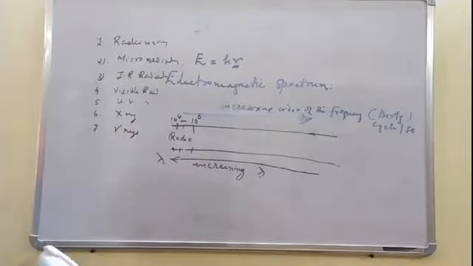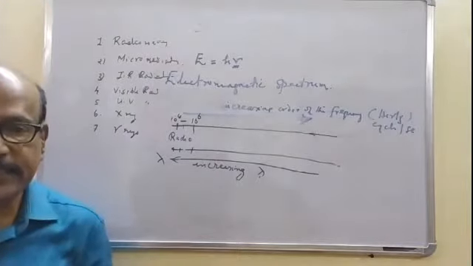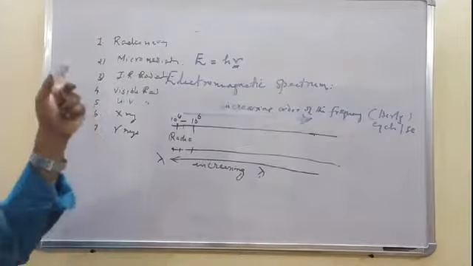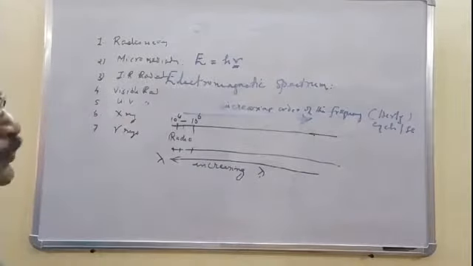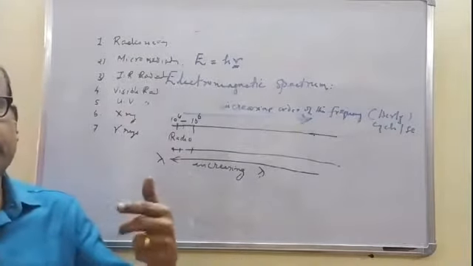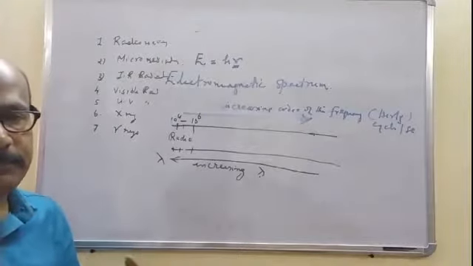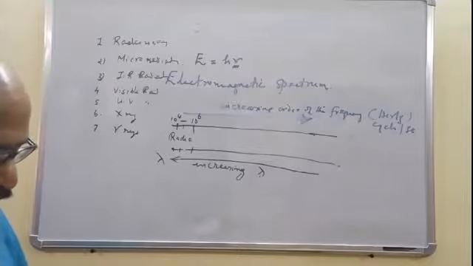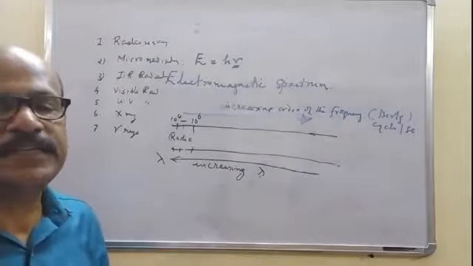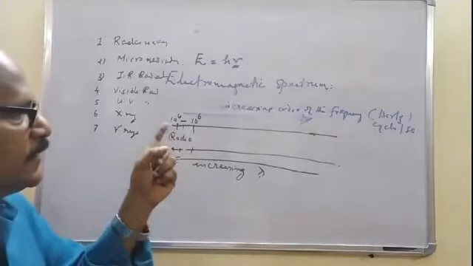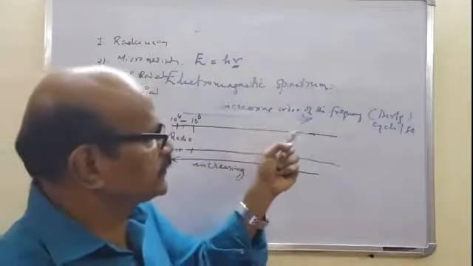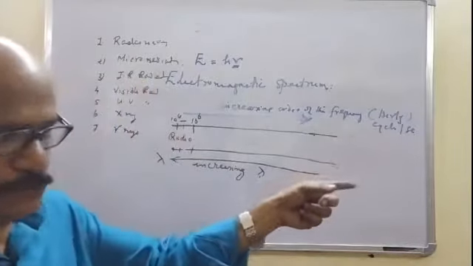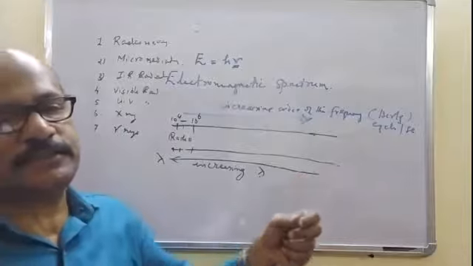These are the 7 electromagnetic spectrum regions, and from the radio waves to gamma rays, the frequency of the radiation increases tremendously. When it reaches gamma radiation, the frequency increases to even 10²⁶.